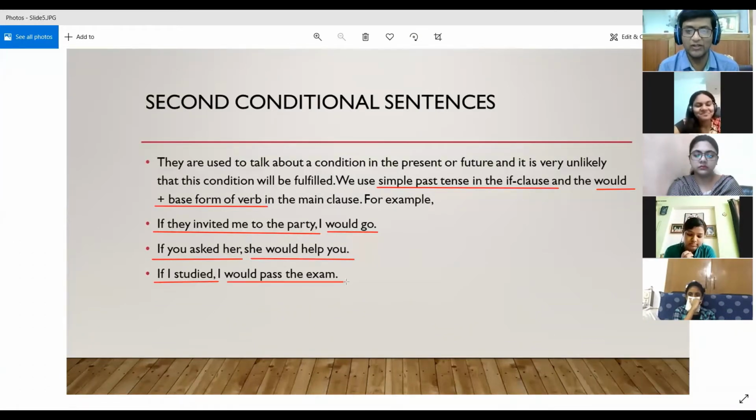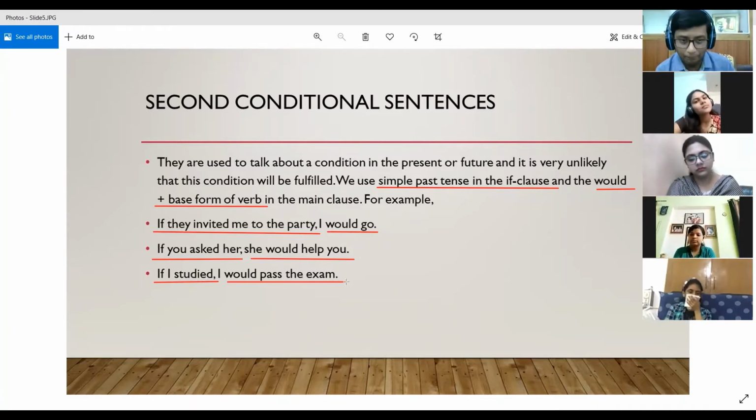So this is the situation here also. That person is saying that if I studied, I would pass the exam, but he knows that he is not going to study. The condition of studying being fulfilled is very unlikely, so it is in the past tense.